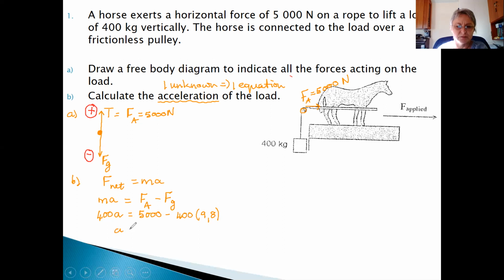If we do our simple mathematics here, it's 5,000 minus 400 times 9.8. We get the answer 1,080, and divide that by 400. So the answer I get is 2.7 meters per second squared upwards. Right, that brings this problem 1 to an end.